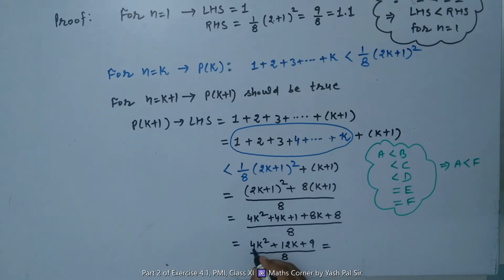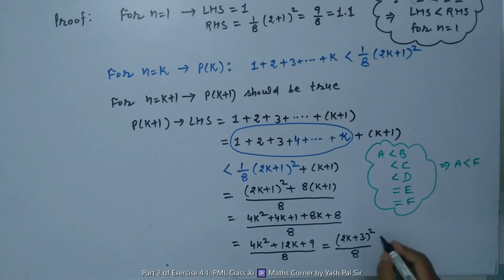So this is equal to, we can write this equal to 2k plus 3 whole square upon 8.